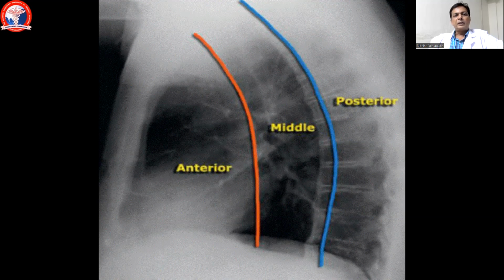The anterior mediastinum is anteriorly limited by the sternum, and the posterior mediastinum is posteriorly limited by the paravertebral gutter. Superiorly is the thoracic inlet and inferiorly the diaphragm for all these compartments.